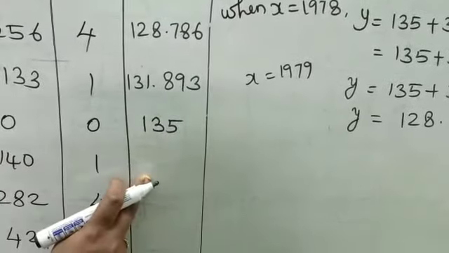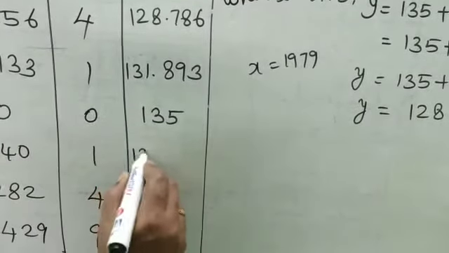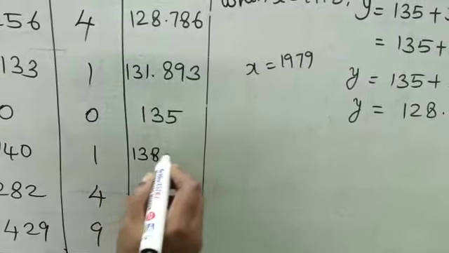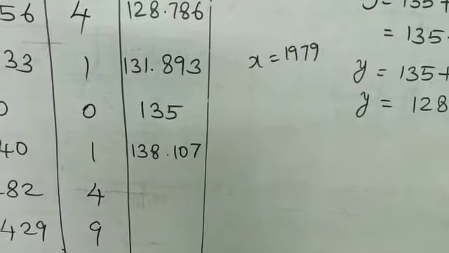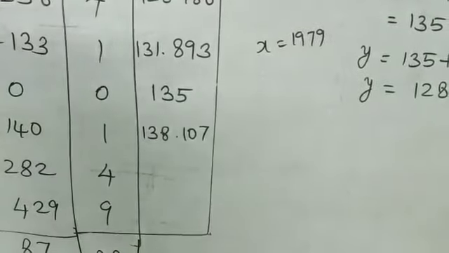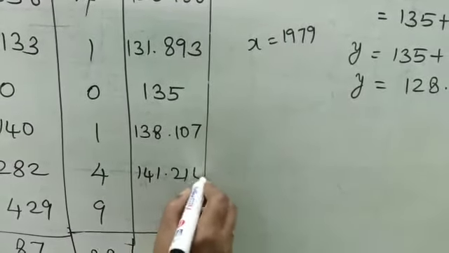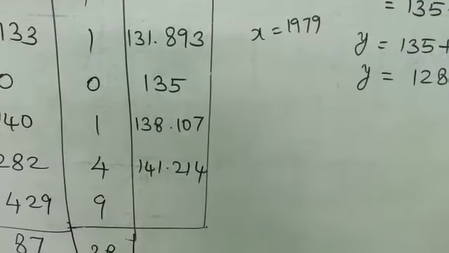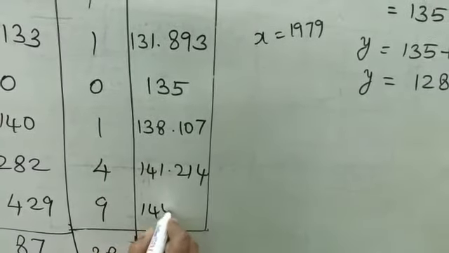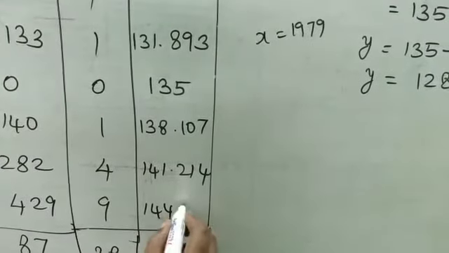Trend value for 1982 is 138.107. Trend value for 1983 is 141.214. Trend value for 1984 is 144.321.